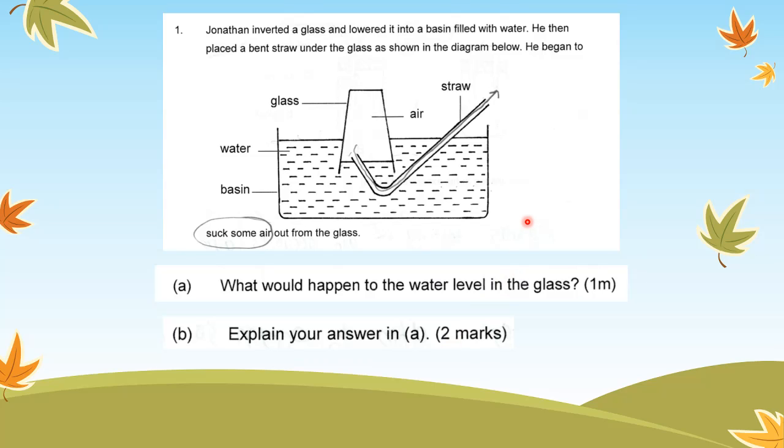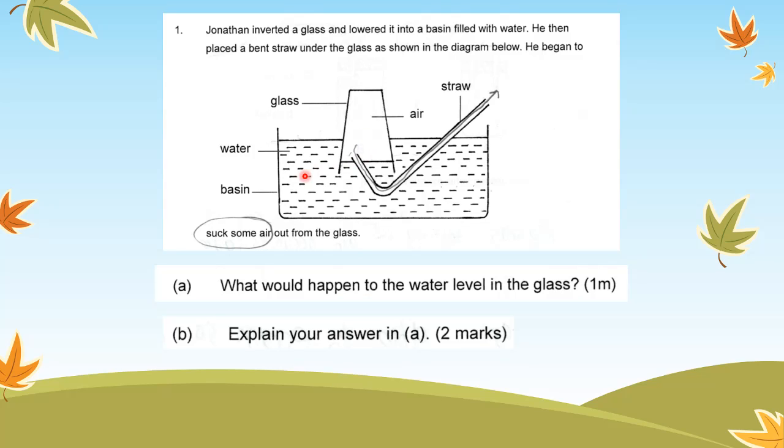Like I said, this question is testing on air occupies space. So the first thing you must write is air occupies space, full stop. As Jonathan sucked out the air, there is less air occupying space in the glass, full stop.